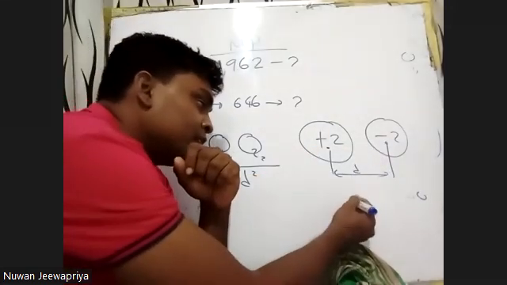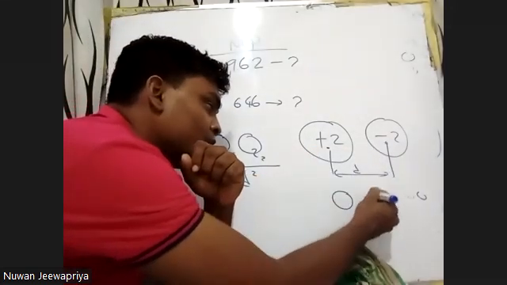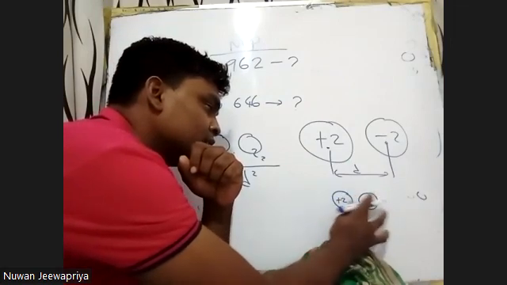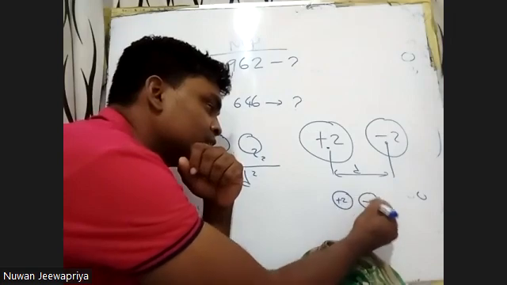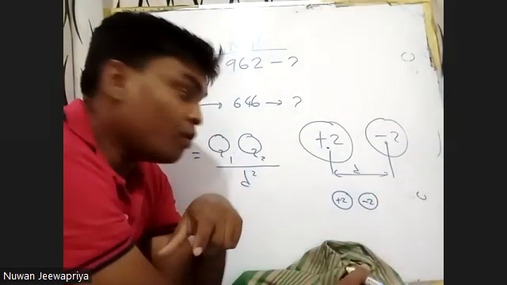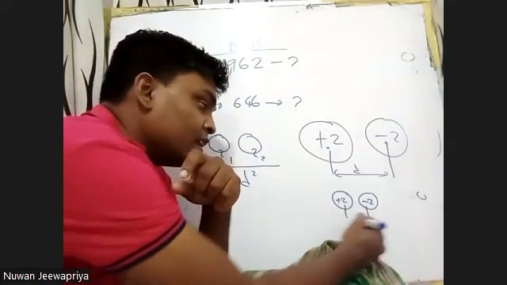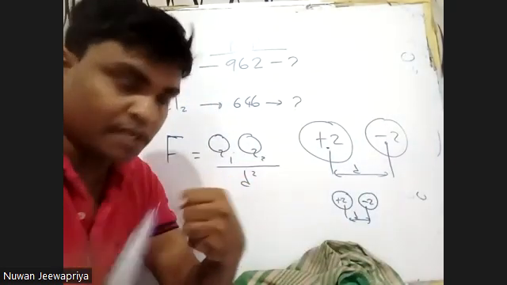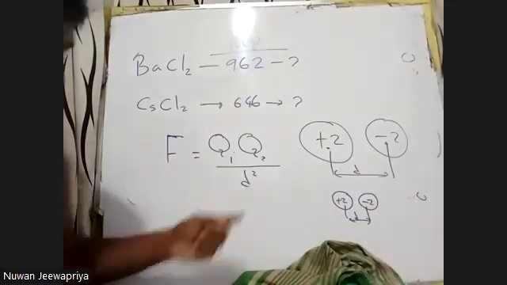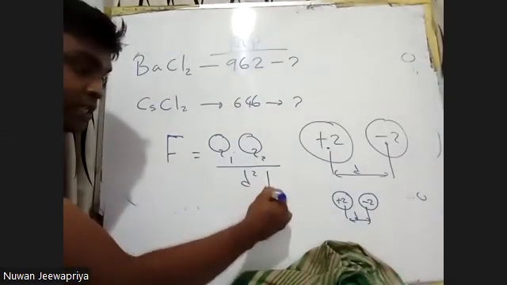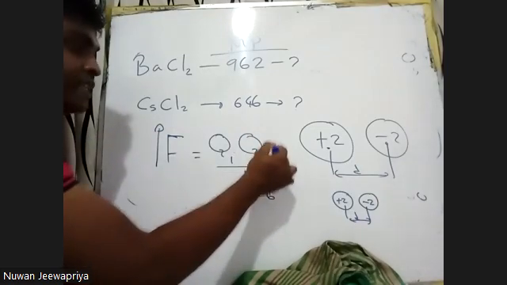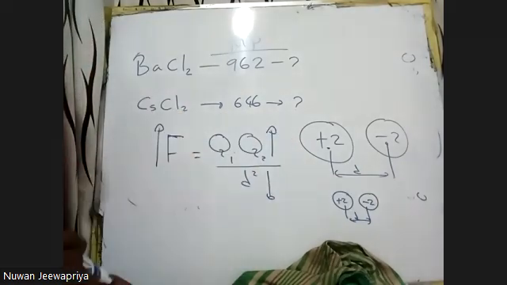When the small atomic radius, this is +2 and this is, say this one is -2. When the small atomic radius there, now their attraction is stronger because they are very close now. So smaller the size, right? Smaller the size, higher the attraction. Higher the charge, higher the attraction.